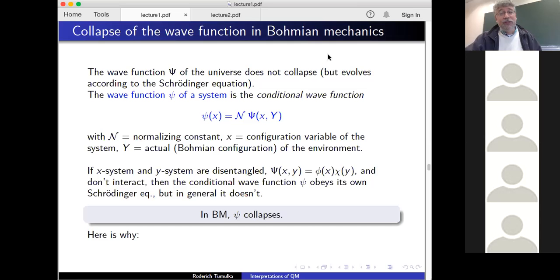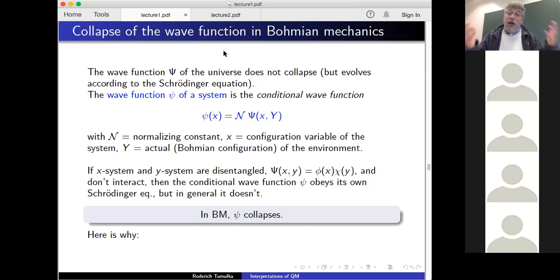Okay, now you need to pay attention to the following aspects. The wave function of the universe never collapses in Bohmian mechanics. So I formulated Bohmian mechanics as a theory of the whole universe, just like I formulated Newtonian mechanics as a theory of the whole universe. And I talked about the wave function.